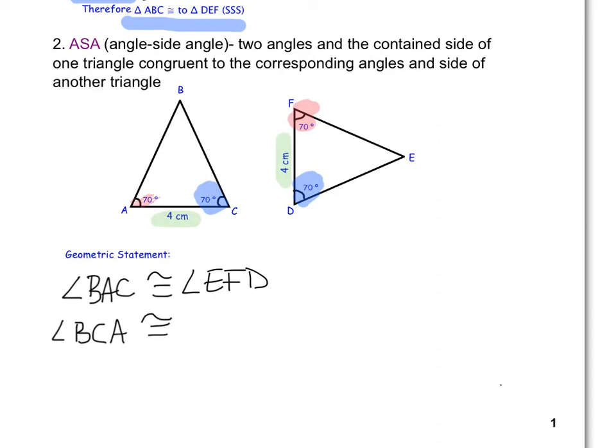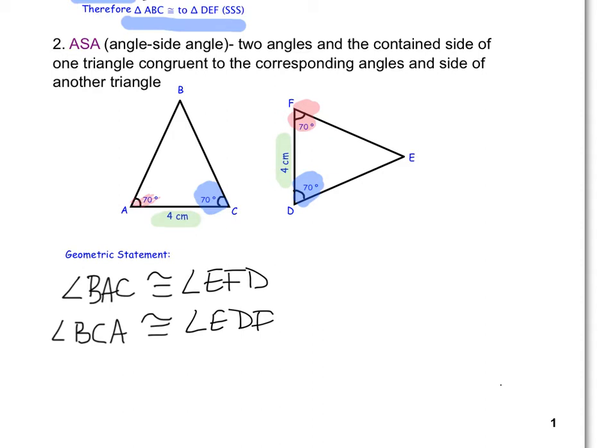Remember, when you're naming angles, the letter that's in the middle is always the letter at the vertex of the angle you're working with. So since I'm working with the blue angle here, the vertex is at D, so I need the D to be the middle letter in there. So we have our two angles. Now we're going to write our statement for the sides.